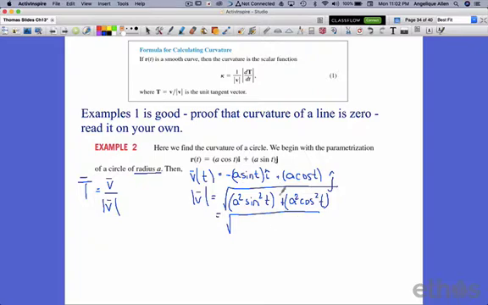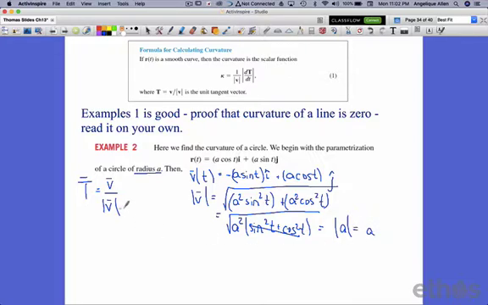And I'm only going to do this once because this process pops up several times in the sample questions in this section. But I'm going to factor out a squared, and it leaves sine squared of t plus cosine squared of t behind. And we know this is 1, so the square root of a squared would simply be the absolute value of a. And since a is a radius, we already know it's positive. It's just going to be a.